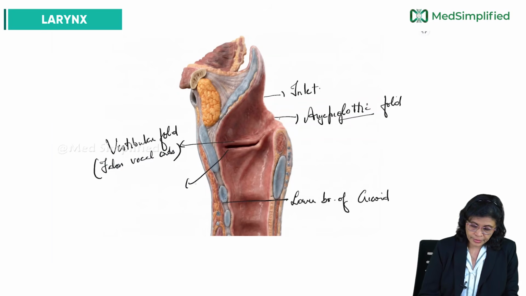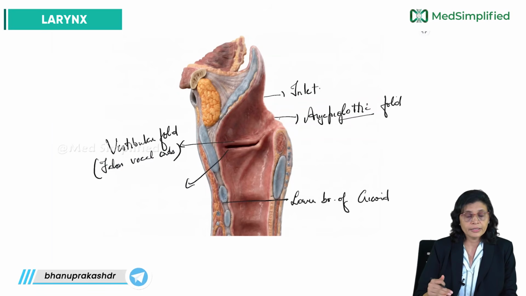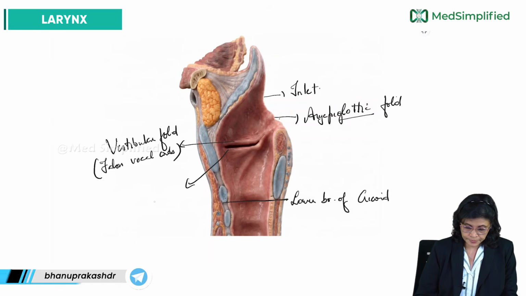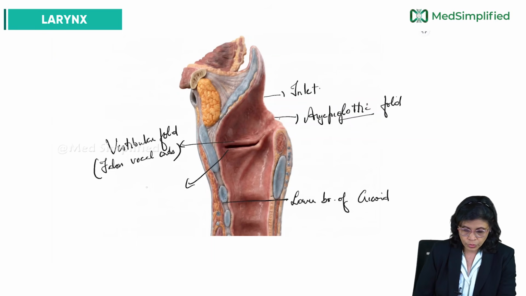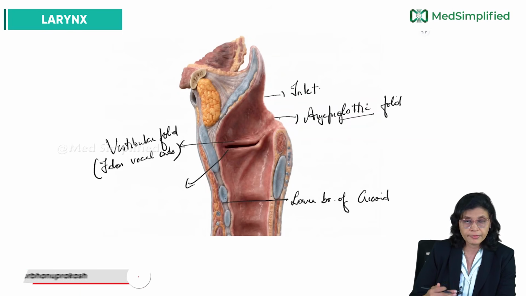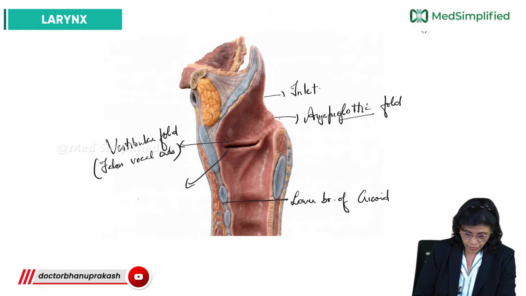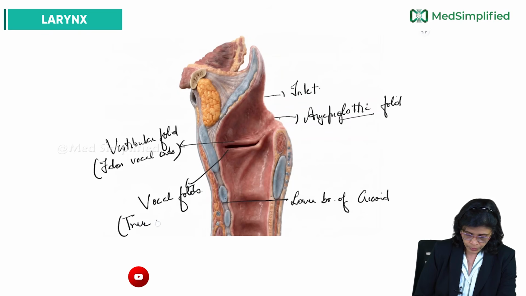And down here we had the vocal ligament covered by the mucous membrane, which we call the true vocal cords. So the lower fold, formed by the vocal ligament and the vocalis muscle covered by the mucous membrane, we call the vocal fold, otherwise the true vocal cords.